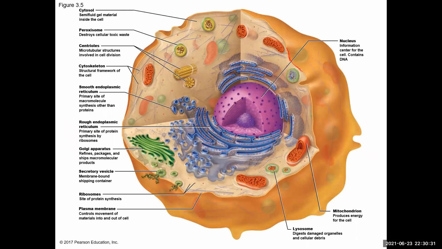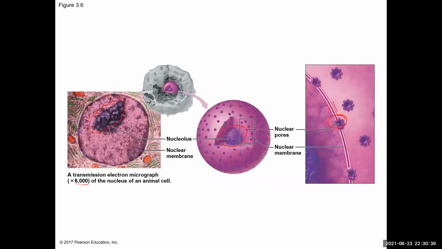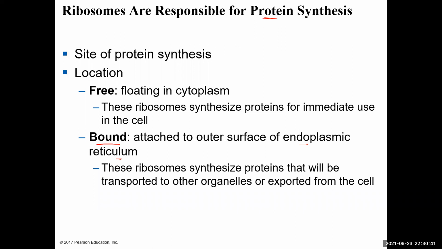If you notice, there are these little orange circles here, right? Those are free-floating ribosomes that are present in the cytosol, so they're not attached to the surface of the endoplasmic reticulum. Now, the difference between these ribosomes is that the free-floating ribosomes typically make proteins that are going to be used immediately in the cell, whereas the proteins that are made in the rough ER are most likely going to be transported and exported out of the cell, okay?